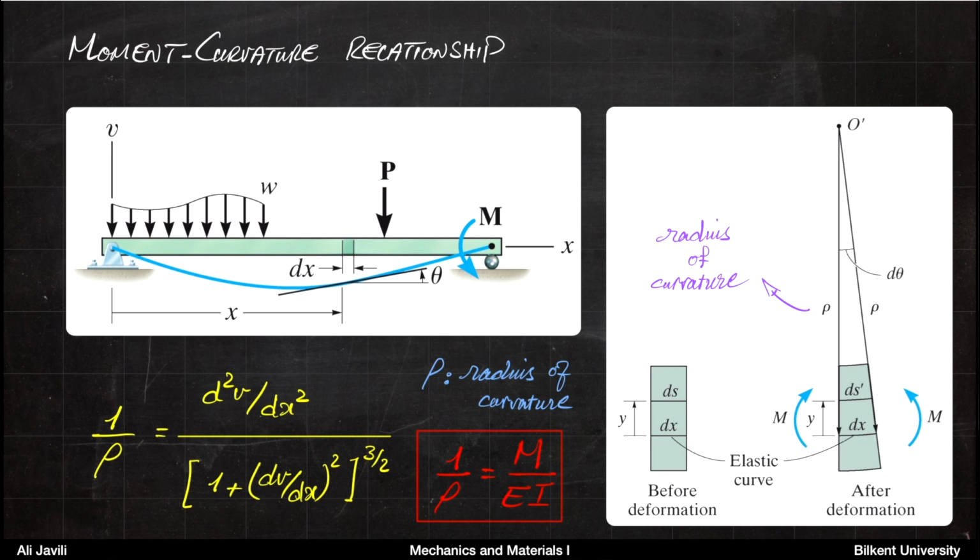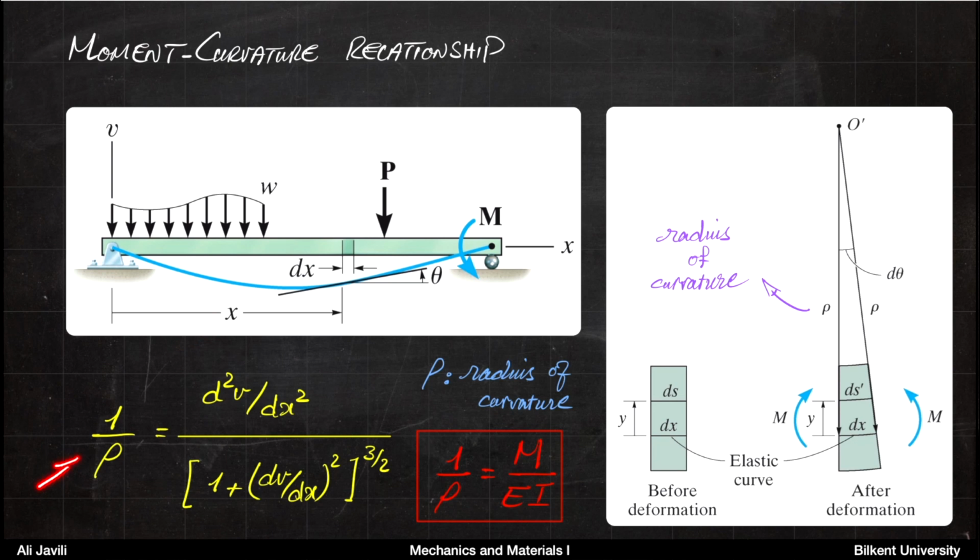Again, in the example I had, we just showed the function as f of x, but for us, that function would be v of x, and v is the deflection. So that relationship for the radius of curvature is this.